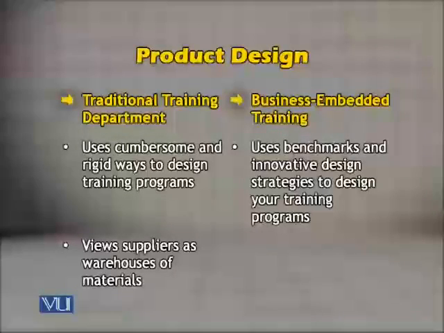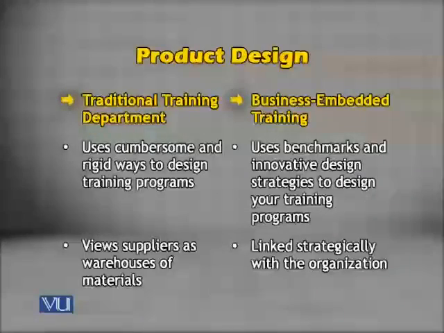And then, for product design, the traditional training department views the suppliers as warehouses of materials, that you have got to purchase material for your training function. So the suppliers are seen as warehouses, like bookshops that you can just go and purchase material from for a particular kind of training. Whereas in a business embedded training model, the suppliers are linked strategically with the organization.